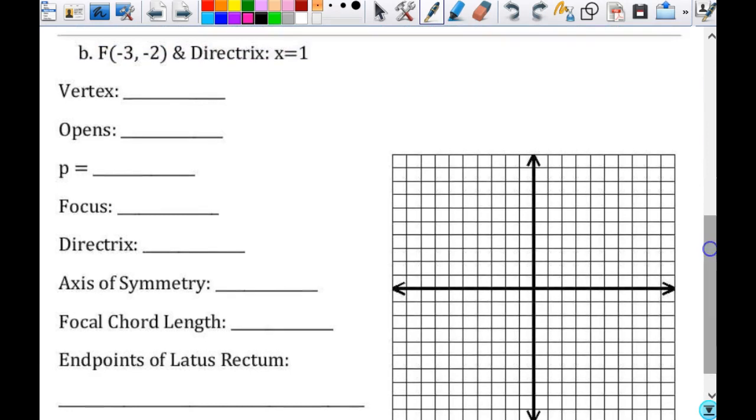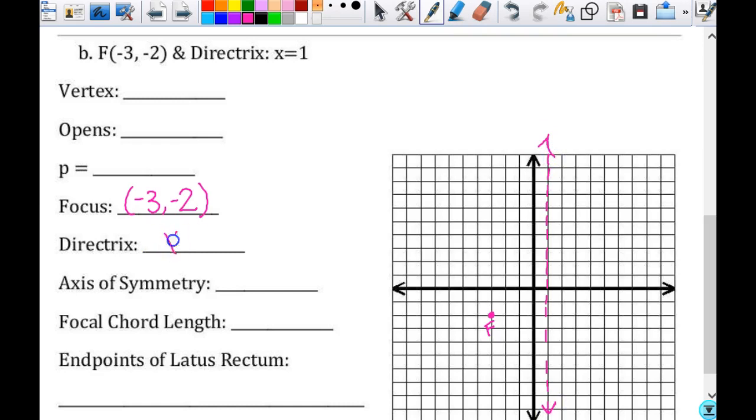So now let's look at this one. On this one, we are given the focus, which is at negative 3, negative 2. So I'll go and graph that. 1, 2, 3, 1, 2. So that is my focus. And then directrix at x equals 1, which is right here.